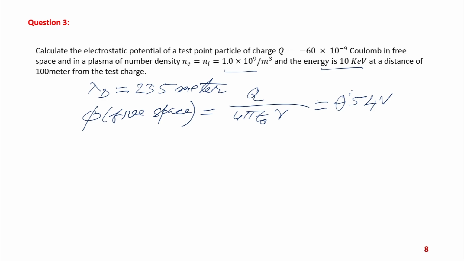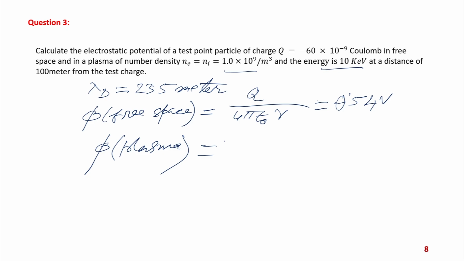Okay. Now, if you consider this charge is there in the plasma, this charge has been introduced in a plasma environment where the density is given by this, then you have to use the formula for the potential in the plasma. Plasma shielding will be done, so this formula will change.